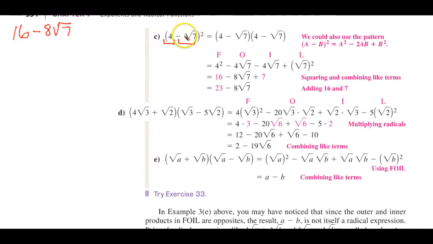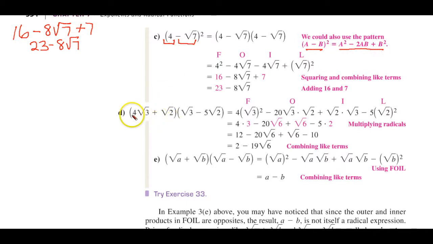And then we square this, which is going to be a positive square root of 49, which is a positive 7. Well, we see we have like terms here. This becomes a 23 minus 8, the square root of 7, which is what they have here. Now, what they did is they did this as the traditional FOIL, which is your backup pattern, but they also illustrate what I showed you.